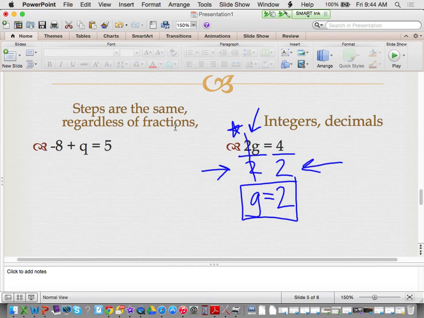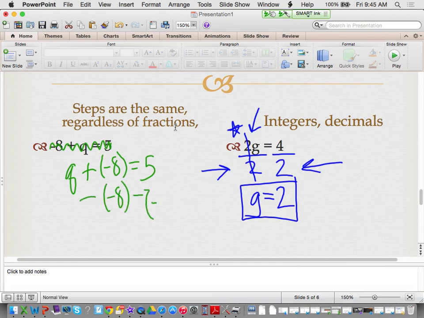Now over here we have negative 8 plus q equals 5. Well, I'm going to undo this negative 8. In fact, it's addition, so I can write q plus a negative 8 equals 5. I can do that because of the commutative property. And I'm going to subtract a negative 8, and I'm going to do that on both sides of the equal sign.